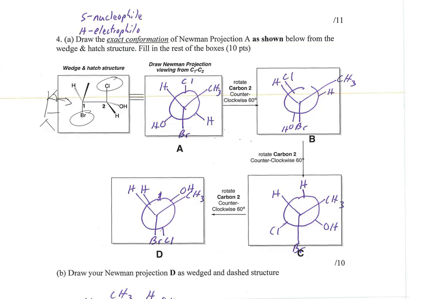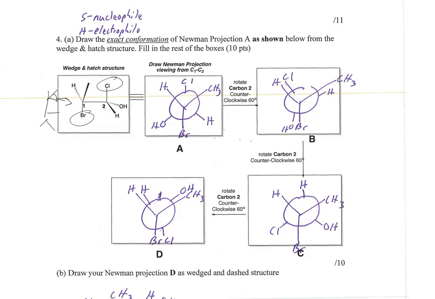So what do you see? You see bromine down, and so you have an H and a CH3. Chlorine is up, so this is a staggered conformation. OH is also dashed on the same side as the H. This H and this methyl are on the same side here, so you get to that first spot.